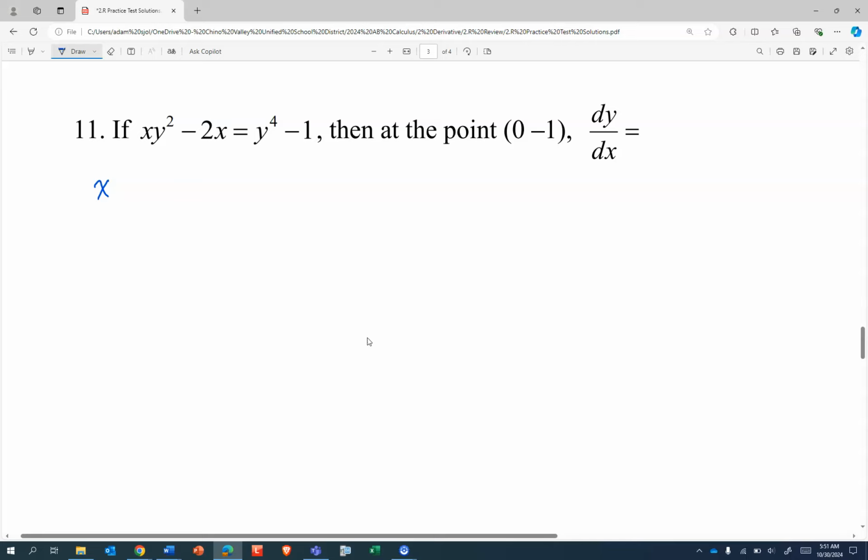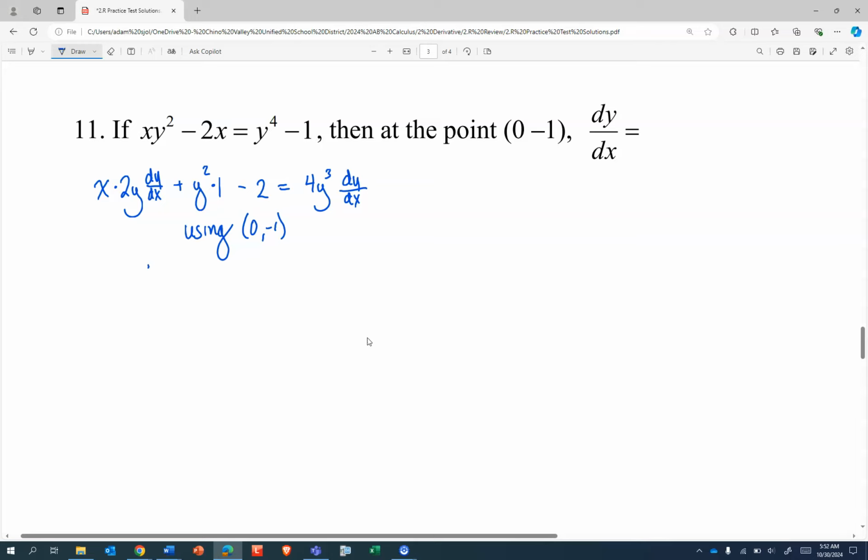So x times 2y dy/dx plus y squared times 1, that's my product rule. Derivative of negative 2x is negative 2. Derivative of y to the 4th is 4y cubed dy/dx. Then we're going to be using (0, -1).